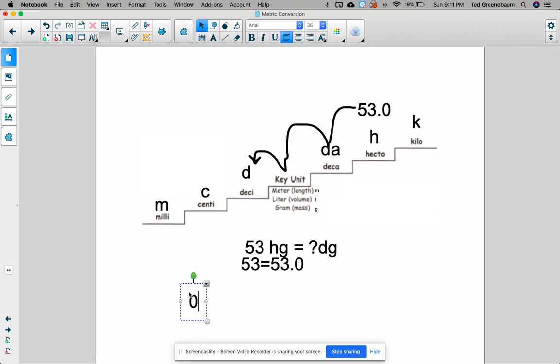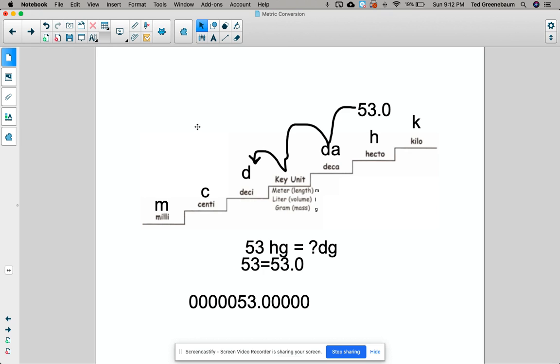I can write the number 53.0, and I'm just going to put a bunch of zeros in front of and behind. And I'm going to remember my rules here. And the rule is, as the units get smaller, the number's going to get bigger.